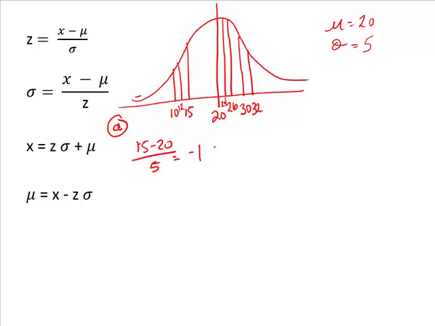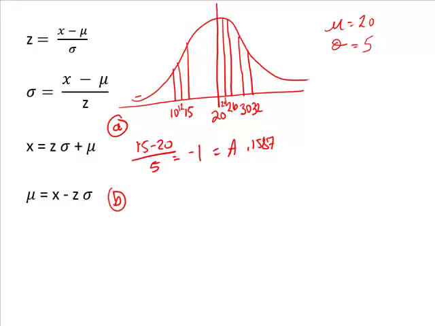What's the z-score for negative 1? 0.1587. Okay. So what percentage of the video games can be built in less than 15 minutes? Yes. You just didn't say negative. You lost your negative.